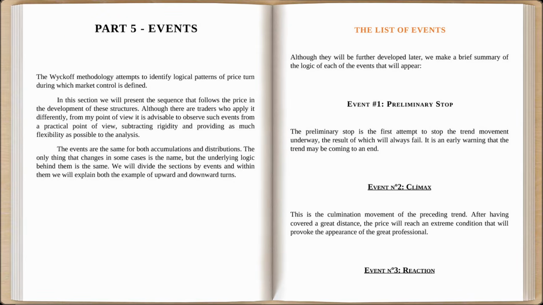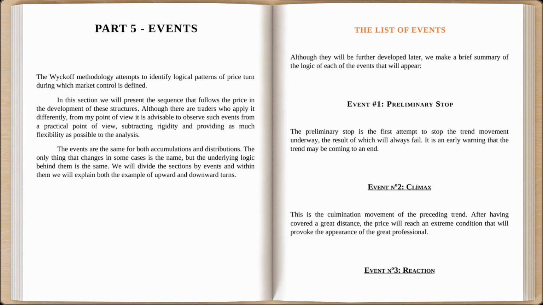Part 5. Events. The Wyckoff methodology attempts to identify logical patterns of price turn during which market control is defined. In this section, we will present the sequence that follows the price in the development of these structures. Although there are traders who apply it differently, from my point of view, it is advisable to observe such events from a practical point of view, subtracting rigidity and providing as much flexibility as possible to the analysis.